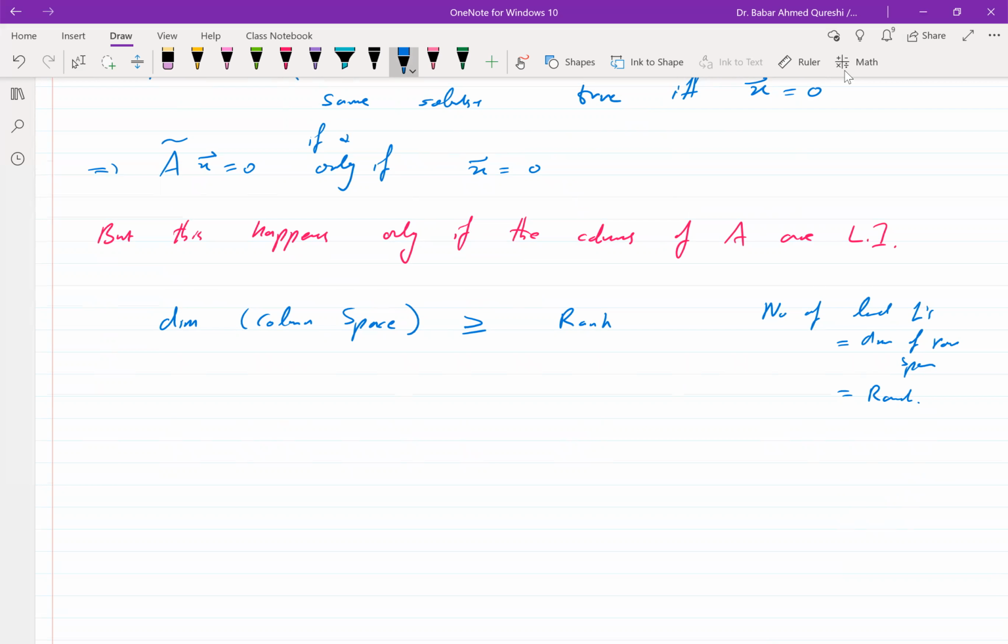So the dimension of column space is greater than or equal to the dimension of the row space.